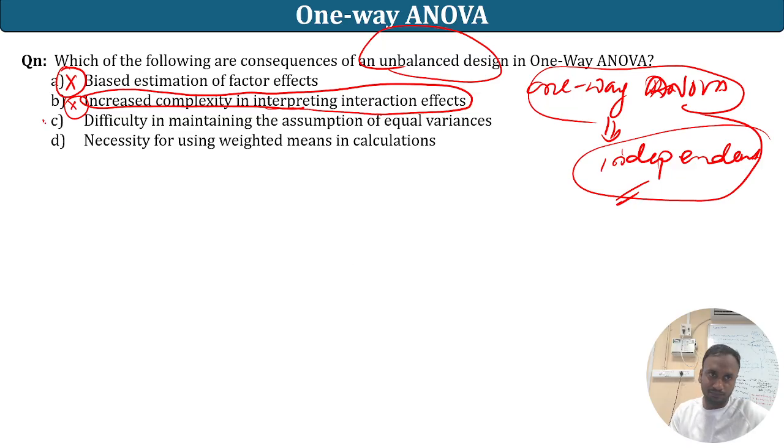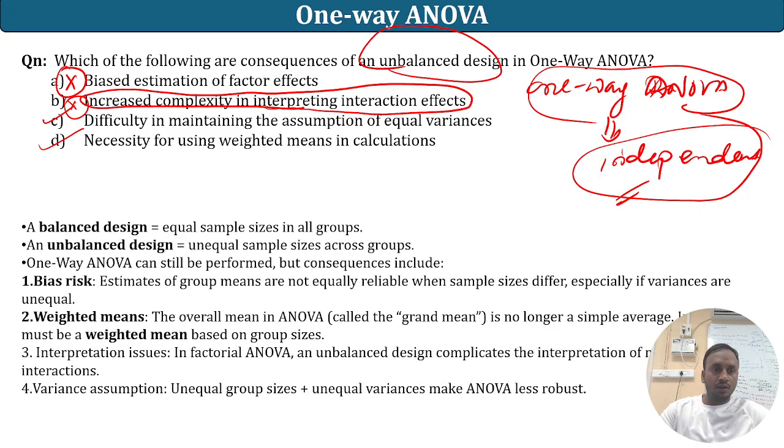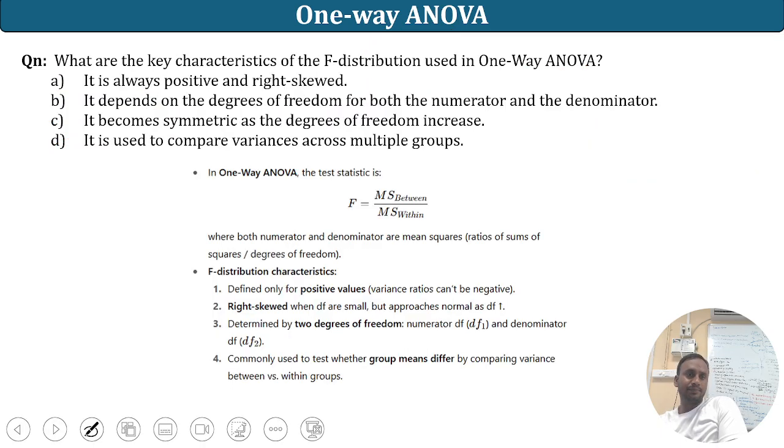It can come. Necessity for using weighted mean in calculation also will be required. So unequal variances make ANOVA less robust and we also have to do the weighting.